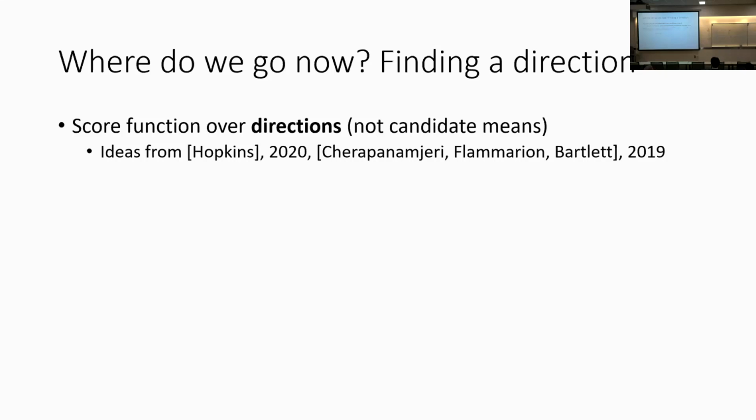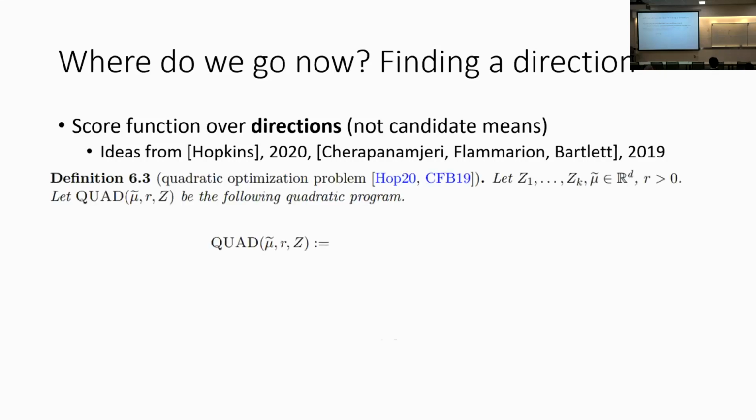But anyway, the idea is that there is some quadratic optimization problem you can define, which tells you how good a particular direction is. In this picture I drew, this arrow would hopefully have a high score, a high solution to this optimization problem, whereas something orthogonal would be very low or poor, because that's not a good direction to go in.